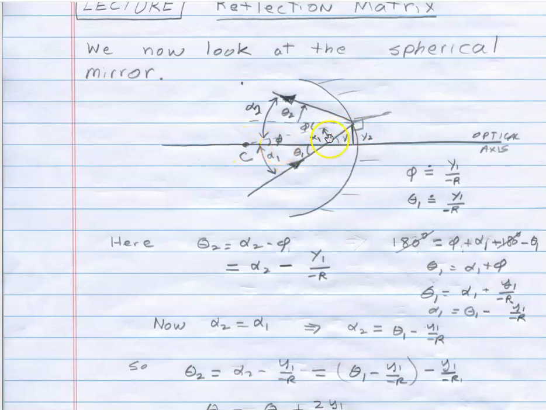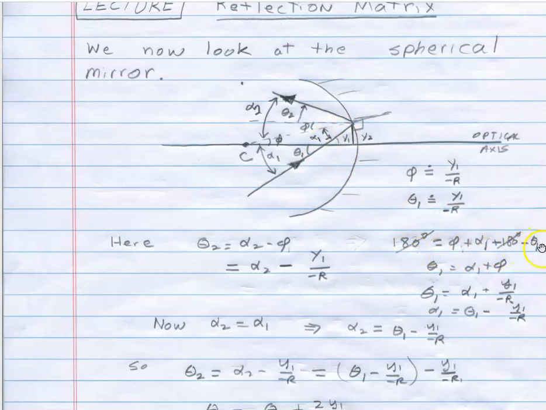Phi plus alpha 1 plus this angle, but this is a straight line, so this angle is 180 degrees minus theta 1. Here's angle theta 1. This is a straight line, so this angle at this corner, so I've got a triangle, and the sum of phi plus alpha 1 plus 180 minus theta 1 has to add up to be 180.